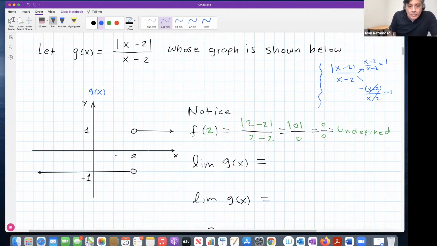If we approach 2 from the left, meaning 1.99, 1.999, values like that, the output values will be headed where? Anybody could tell me at this point, where are we going when we approach 2 from the left here? As x approaches 2 from the left, where are the output values going?